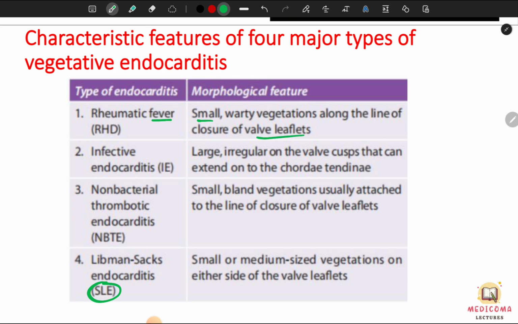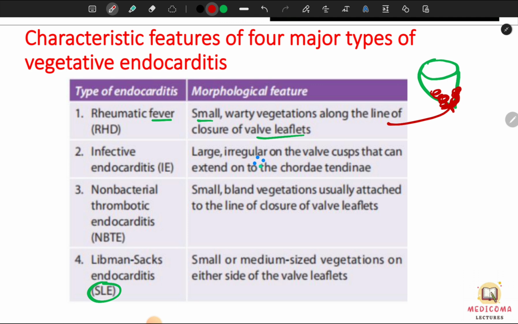In rheumatic fever, if we see, this is the valve closure and the vegetations. Here we can see vegetation on the line of closure. In infective endocarditis, there are large irregular vegetations on the valve cusp that can extend to the chordae tendineae.